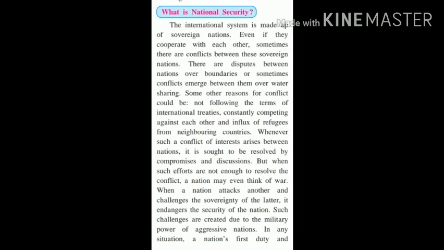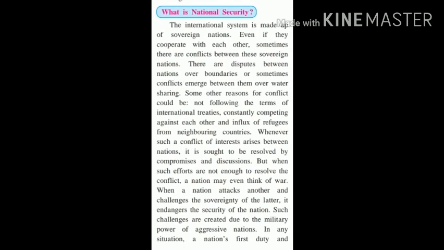In any situation, a nation's first duty and responsibility is to keep the security system always well prepared and ready. This is called national security. If anyone asks what is the first duty of the government, the first duty of the government is to protect its citizens. And how are they going to protect its citizens? By keeping its security system well prepared and ready.